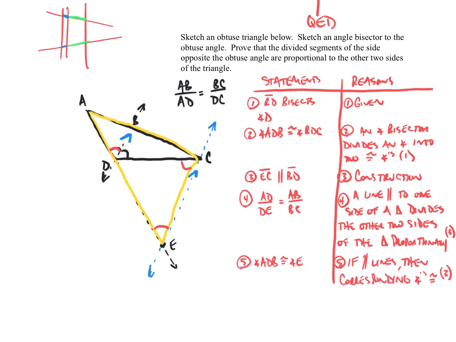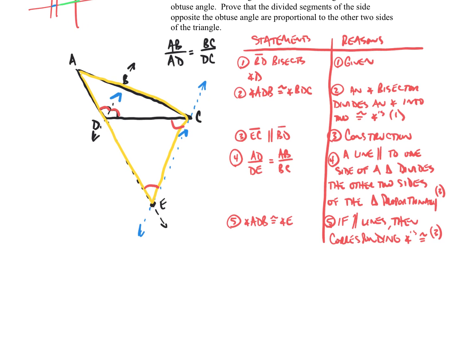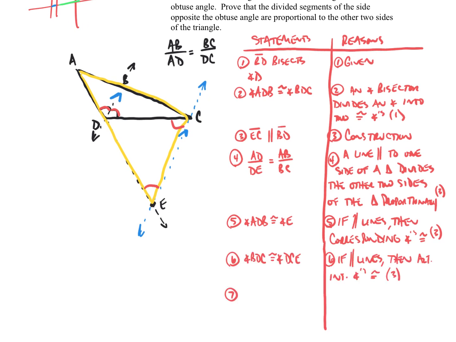And over here, I've actually got a pair of alternate interior angles with angle BDC for the same reason, which is that I've got parallel lines. And now I'm going to extend that to say that angle E must be congruent to angle DCE by the transitive property of congruence. And that's running through statements 2, 5, and 6.